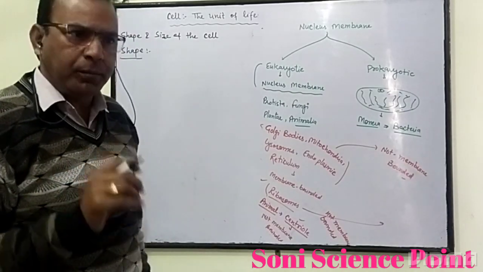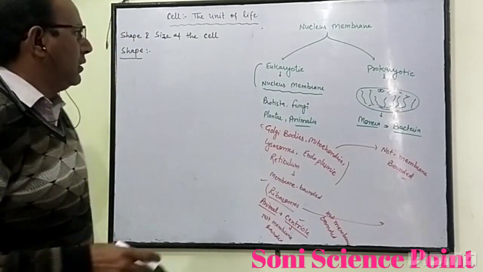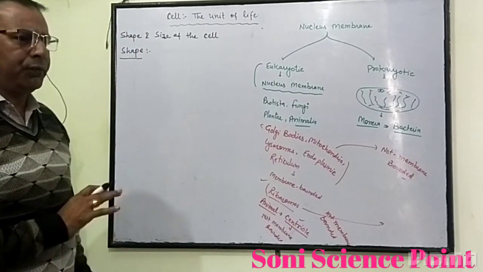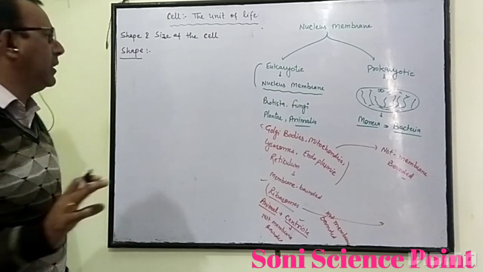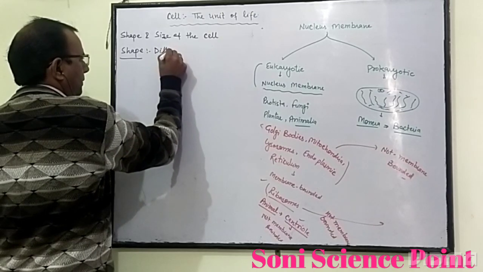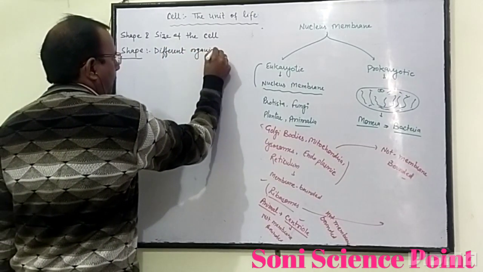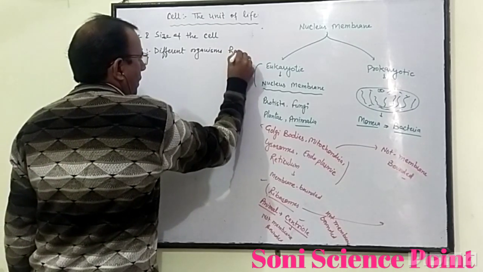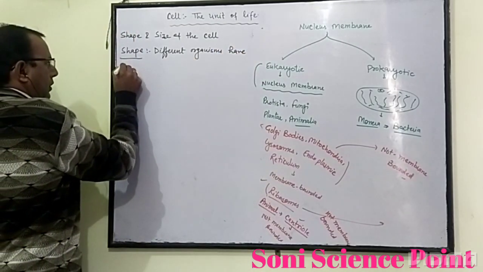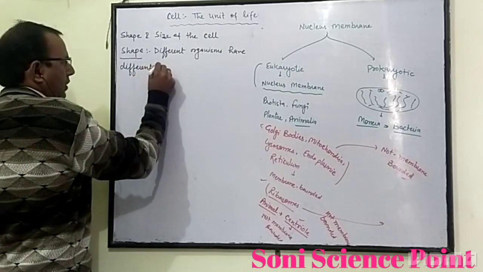They are found columnar, cuboidal, polygonal, irregular, disc-like, cup-like. Different types of organisms contain different types of shape. Different organisms have different shapes of the cell.